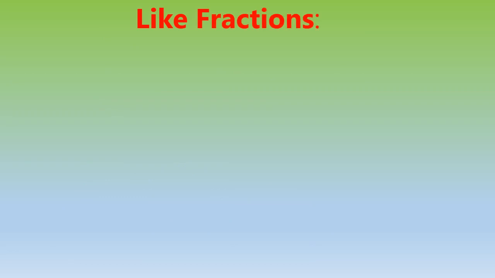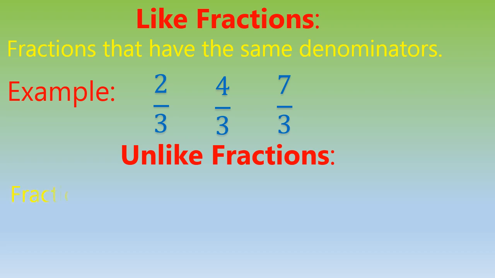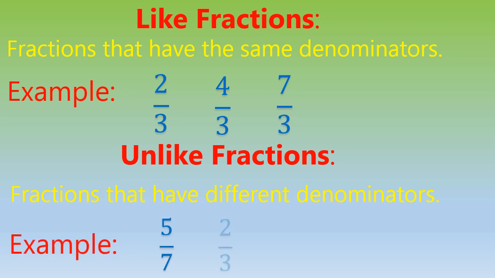Like fractions are fractions that have the same denominators, for example, 2/3, 4/3, and 7/3. Unlike fractions are fractions that have different denominators. For example, 5/7, 2/3, and 3/5.